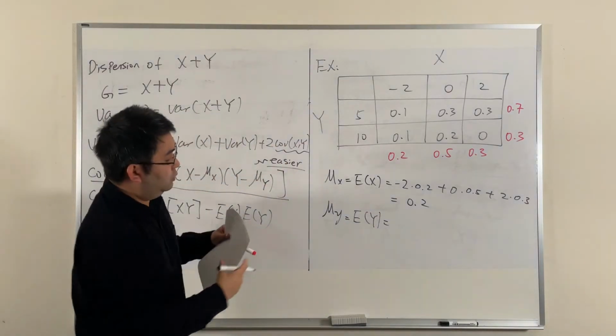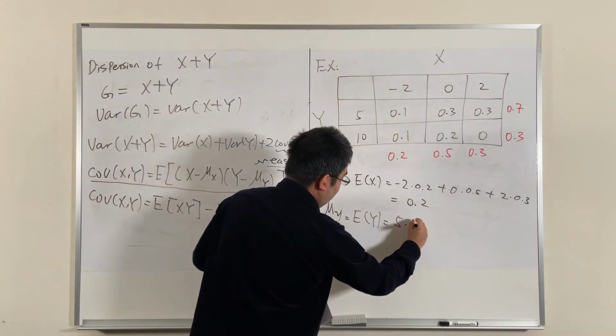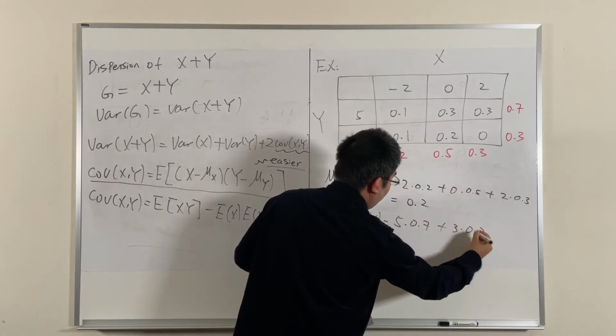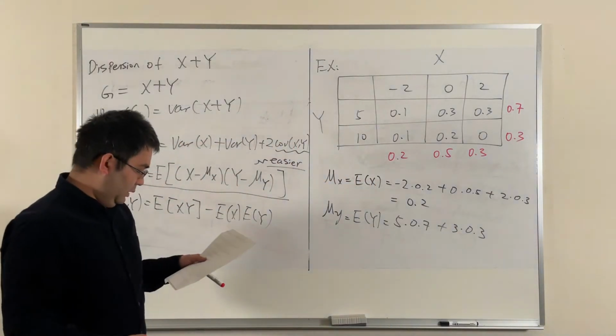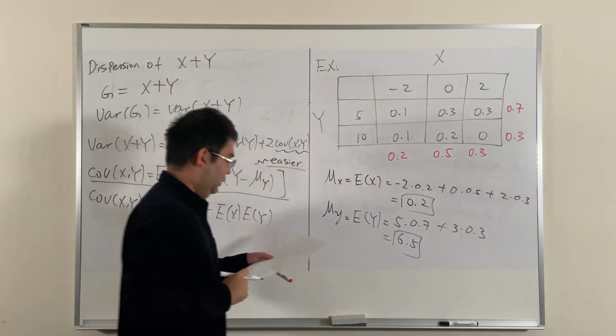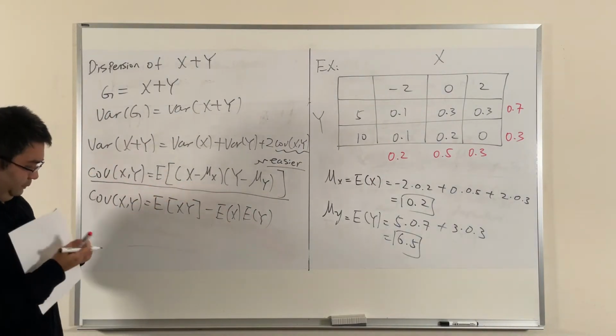We have two values, 5 and 10. 5 is matched with 0.7, and 10 is matched with 0.3, and this equals 6.5. Good. Next, we're going to apply this formula.